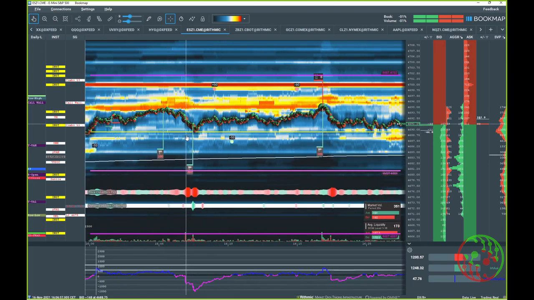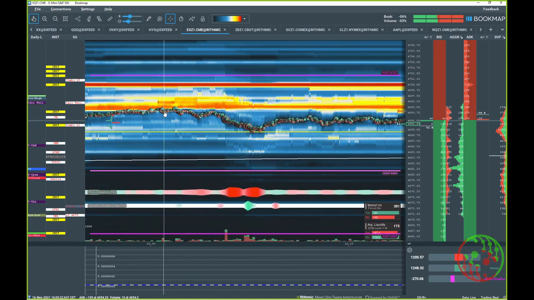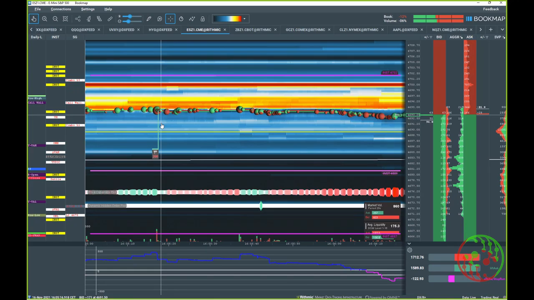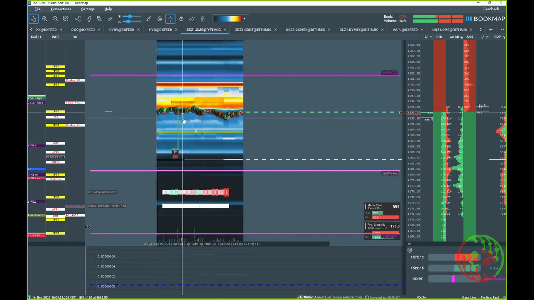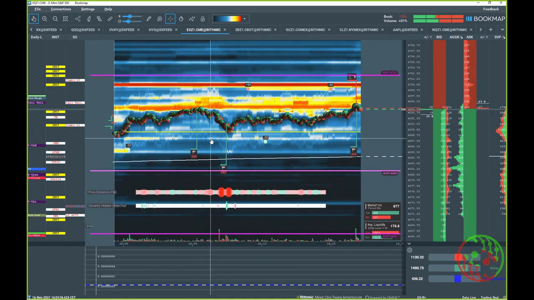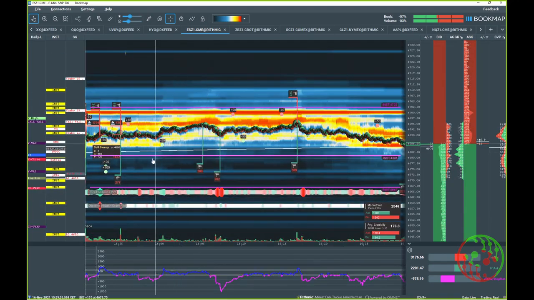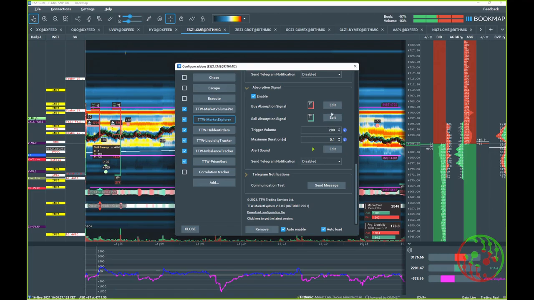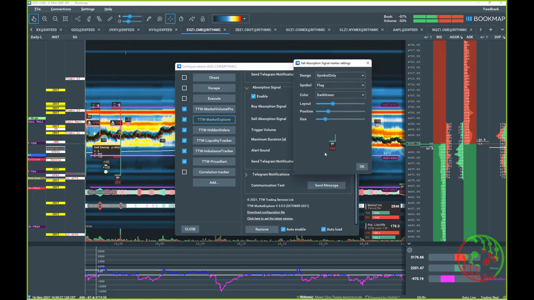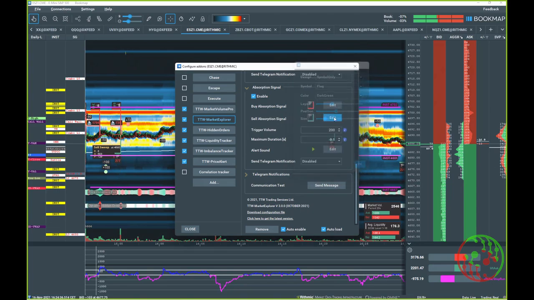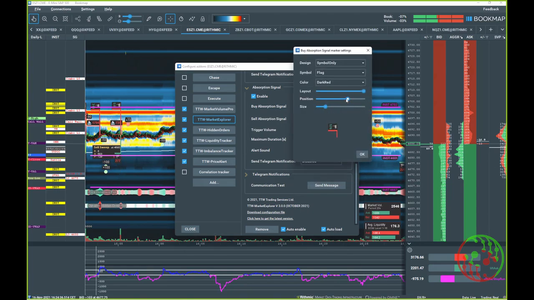Every time a market order meets liquidity, absorption happens. And you can drill this absorption down to 150, 100, whatever you want. You will have a bunch of signals on the chart, which I would not recommend because it's simply disturbing.